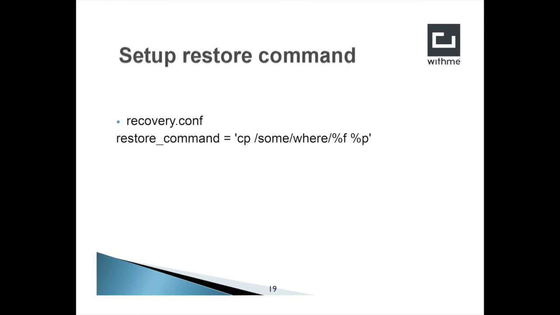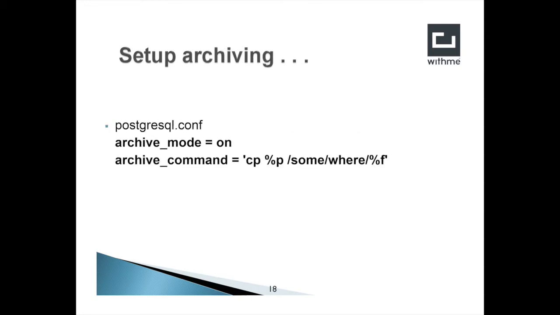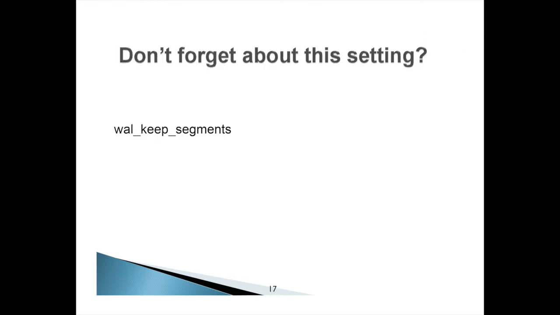So archive command is like you will be copying to somewhere, and then maybe rsync or something to the standby, and those are the things most of the tools provide, like repmanager, WAL-E, PITR, this kind of management.